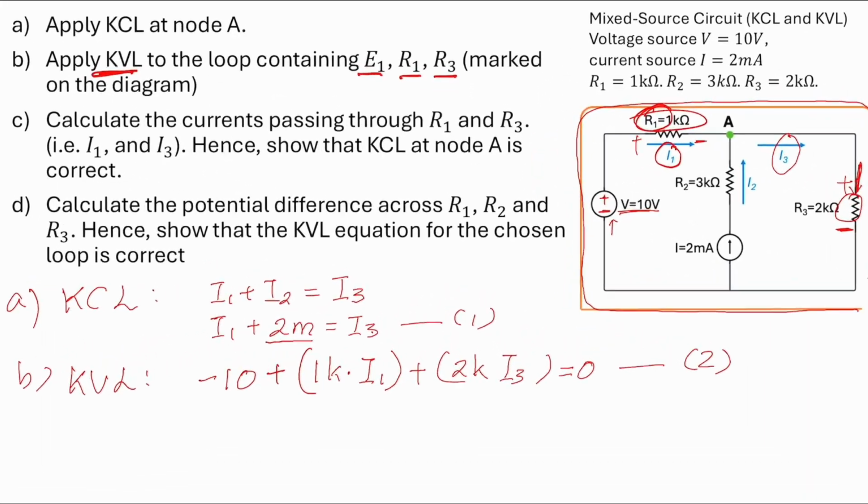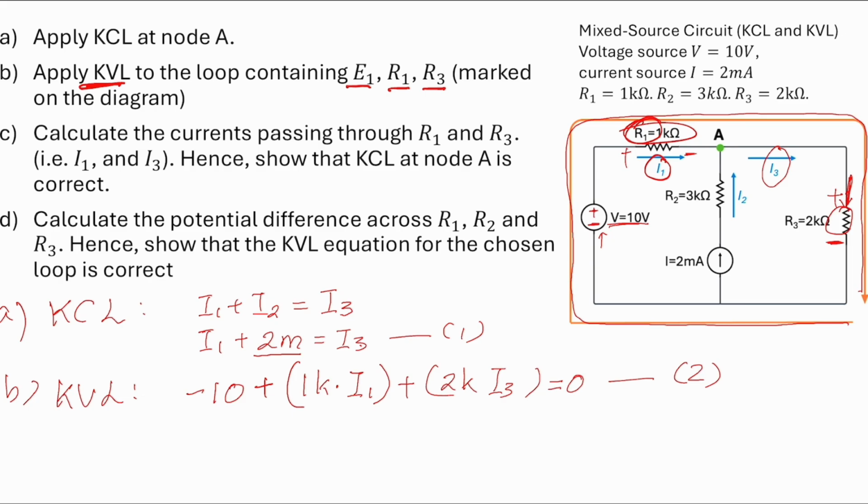Now next we want to solve I1 and I2. The procedure is like this. We first simplify number 1 first. So from number 1, this is part C. From number 1 it will become I1 minus I3 equal to minus 2m.